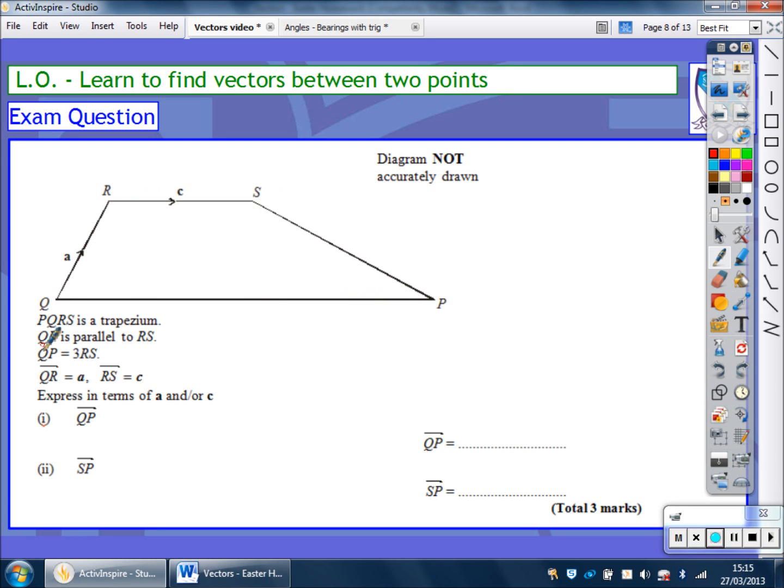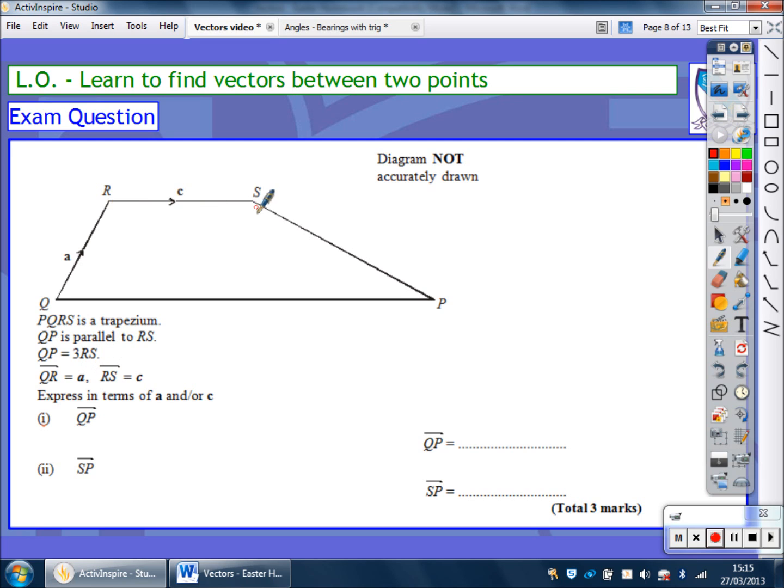It also says that QP, so this line, is parallel to RS, which is obvious because it is a trapezium and trapeziums have one set of parallel lines. And QP, so this line, is 3 times the length of RS.